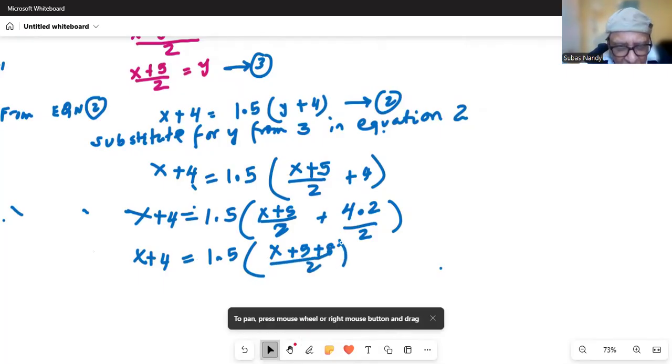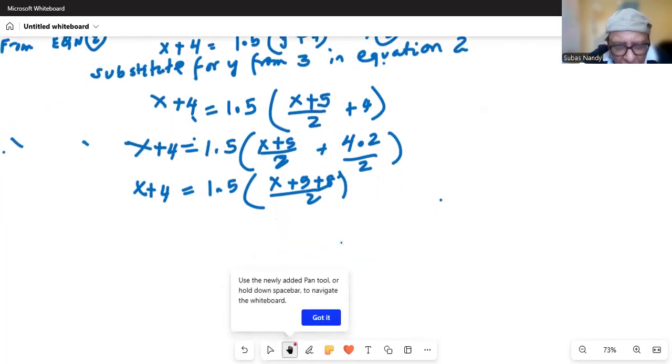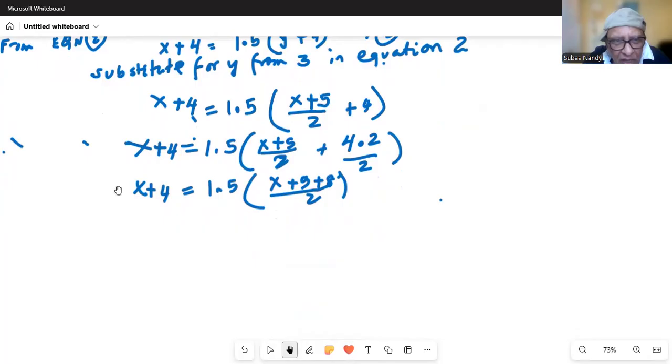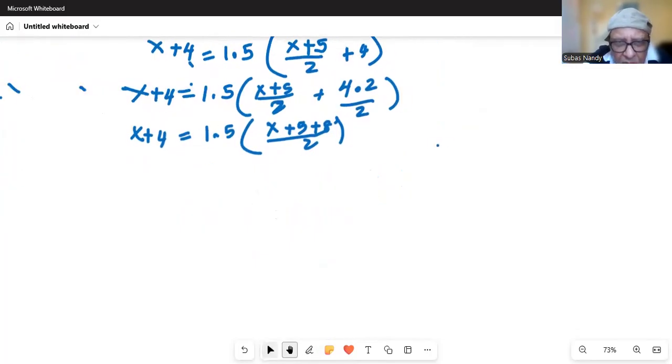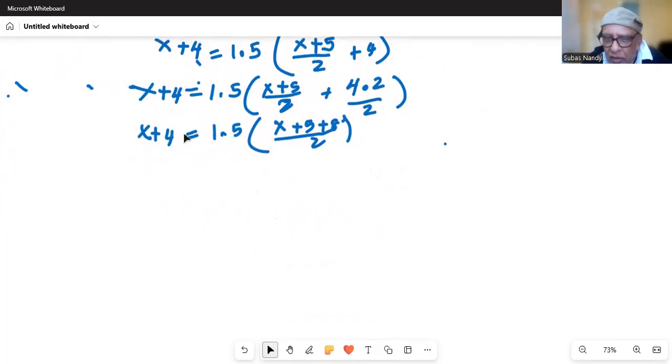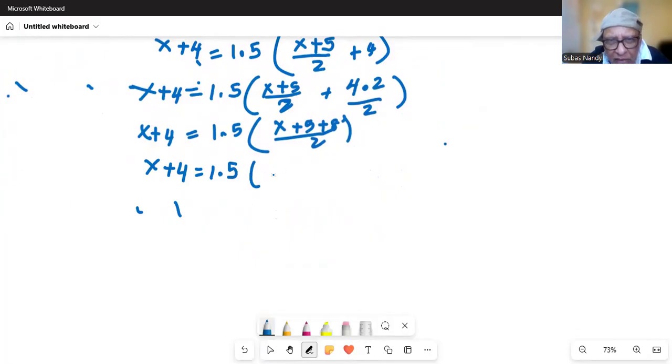Okay, then moving this a little bit up, so I get x plus 4 is equal to 1.5 outside the parenthesis, times (x plus 13)/2. Now, on the right-hand side of the equal sign, we have 2 in the denominator.